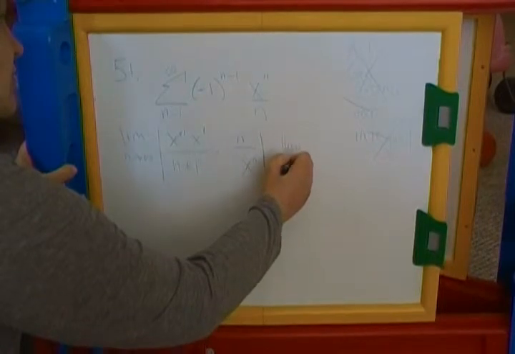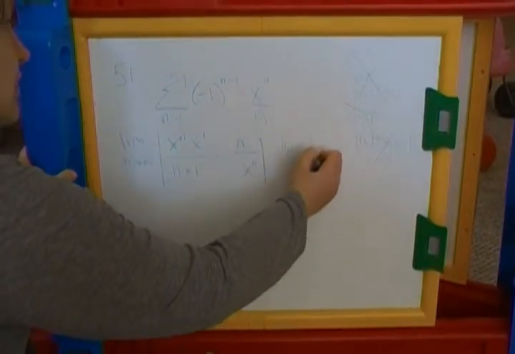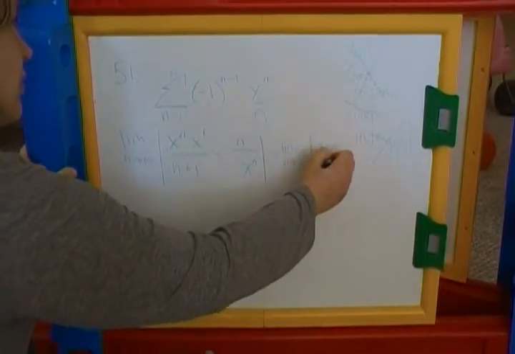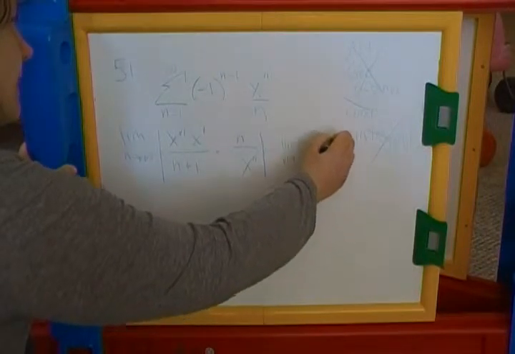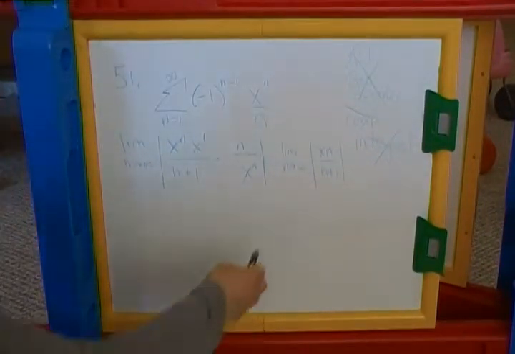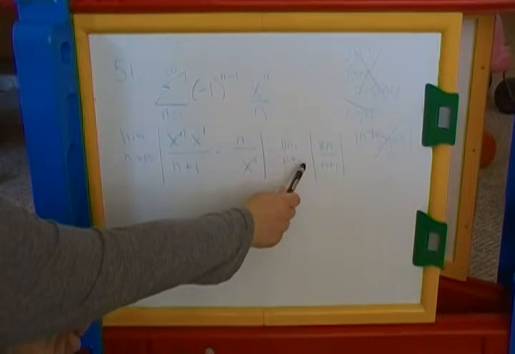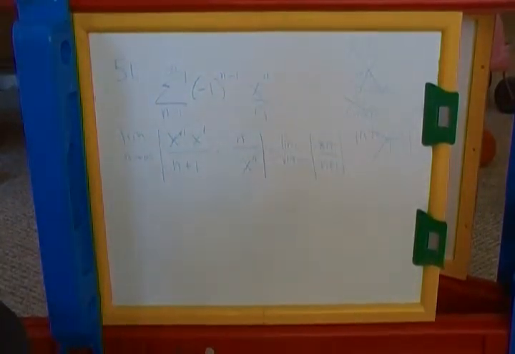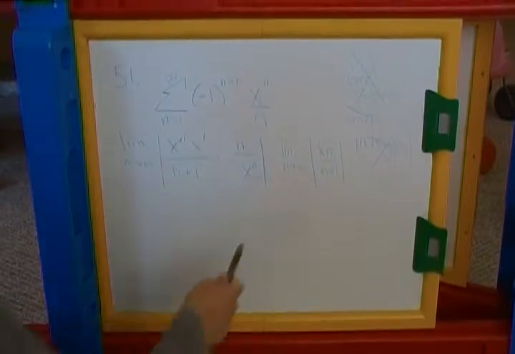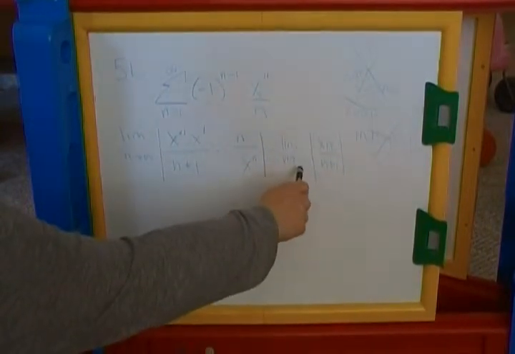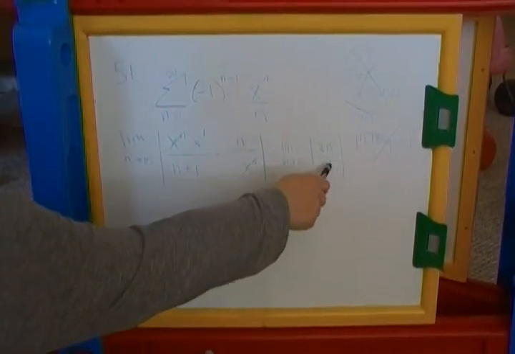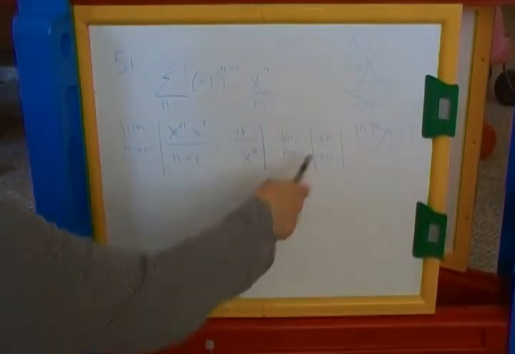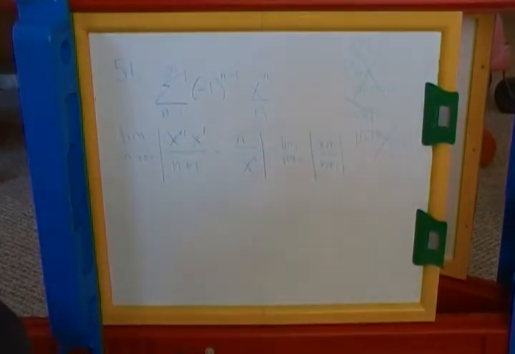We're left with the limit as n goes to infinity of x times n over n+1. Now, the limit is as n goes to infinity, so x is just acting like a coefficient, because n is the thing going towards infinity. If you do direct substitution, we'd have infinity over infinity, and we could apply L'Hopital's rule.